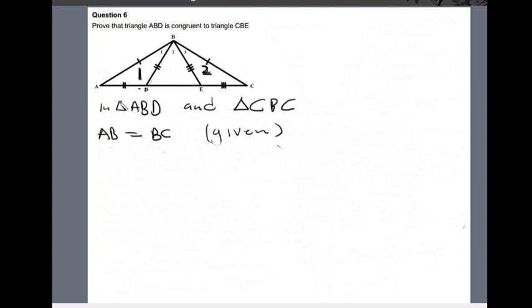So let's see, let me think. So this side and that side are equal, and then going to triangle CBE, this side and that side are equal, and then going to triangle ABD, this side and that side are equal, right?